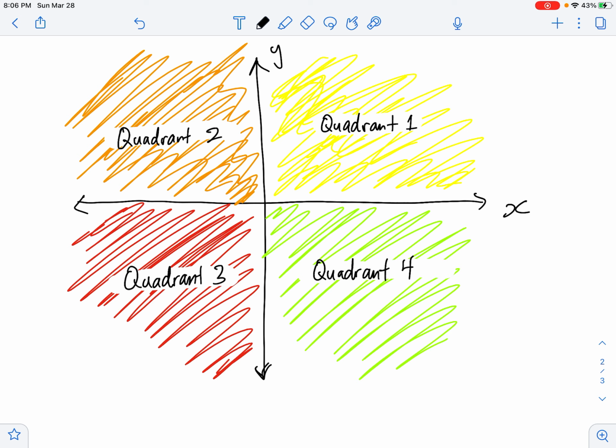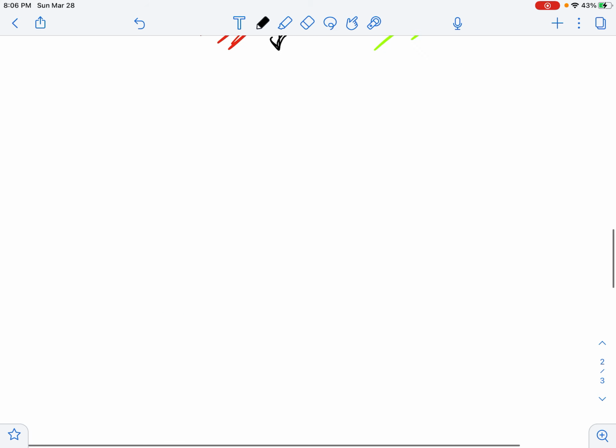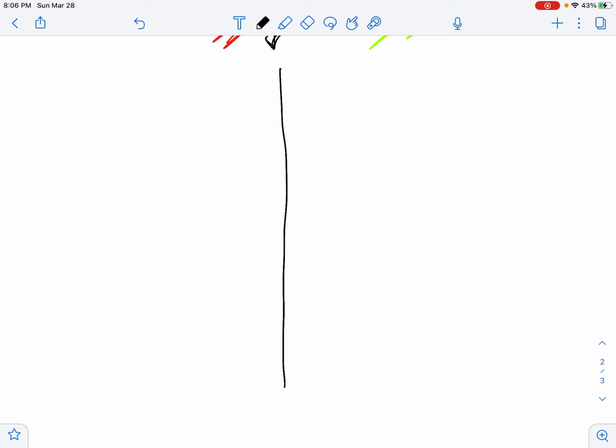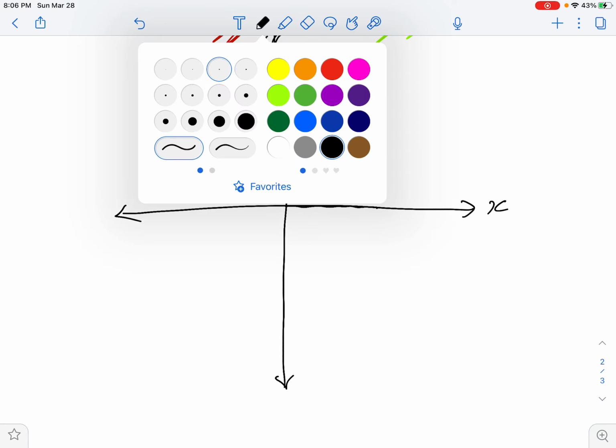And the 4 quadrants are important because you can have standard angles where the initial arm will always be in the same spot.